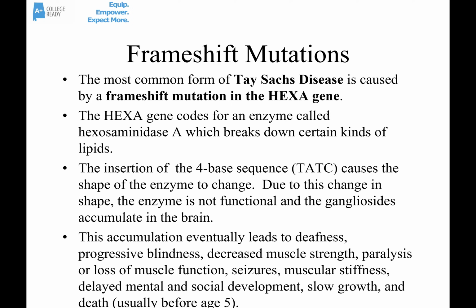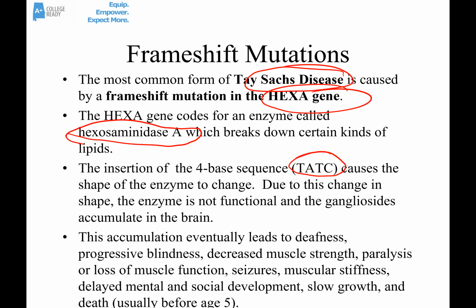Another example of a frameshift mutation is Tay-Sachs disease. This is caused by a frameshift mutation in the HEXA gene, which codes for an enzyme called hexosaminidase A, which helps to break down certain kinds of lipids. Because of this frameshift mutation, the insertion of a TATC, the shape of the enzyme changes, and therefore that enzyme isn't functional.